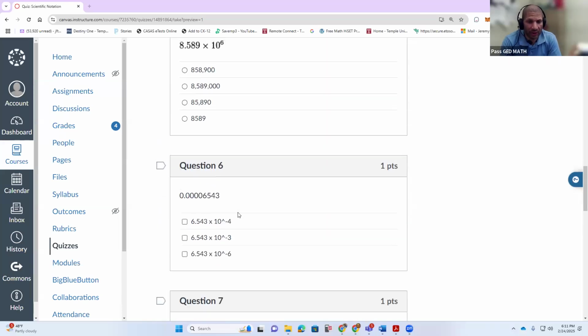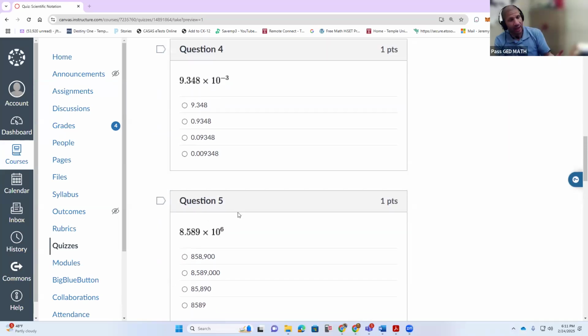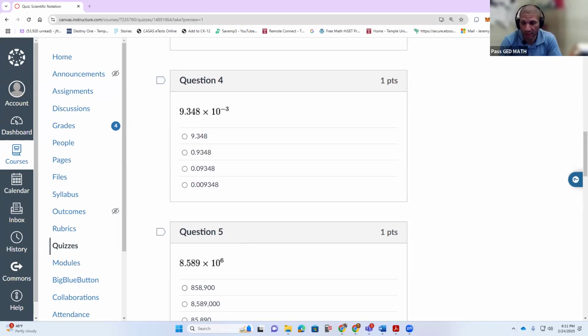Now these are what's called computation. How do you change standard form into scientific notation? You can also use your calculator.